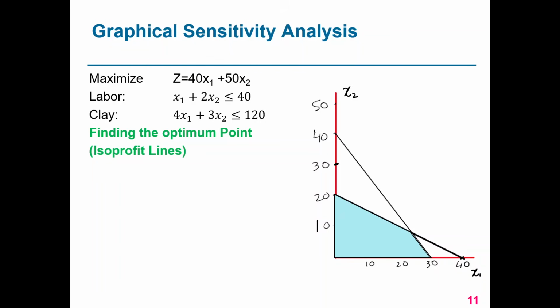So one approach is using the isoprofit lines. In the isoprofit lines we equate the objective function to some arbitrary value. Generally we use a value that is a multiple of both 40 and 50.